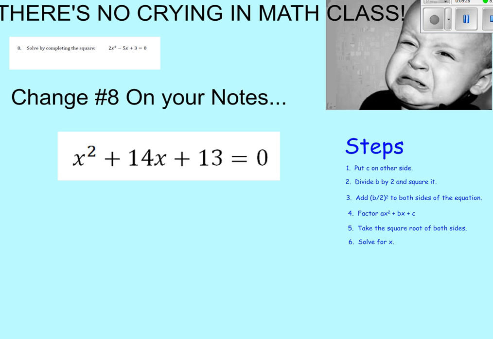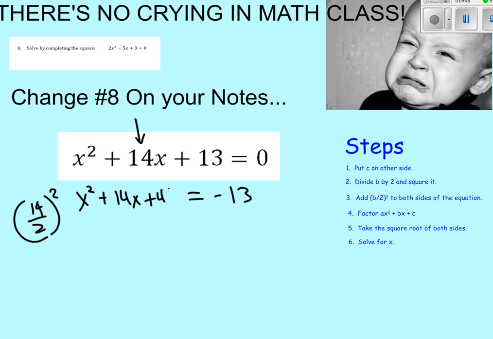So let's look. X squared plus 14x plus 13 equals 0. So 14 divided by 2 squared. Again, it's always this middle number divided by 2 squared. So that's going to be 49. I'm going to add 49 over here.